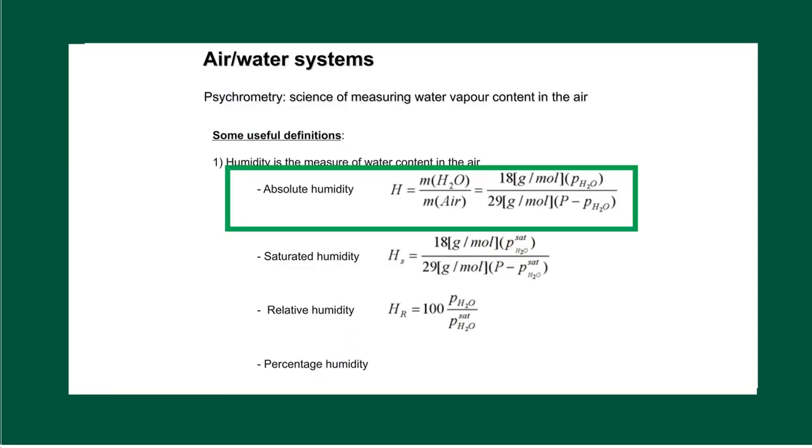In an air water system, where we have atmospheric air in which we have water vapor, we come across such systems in cooling towers and air conditioners. There we make use of the psychrometric chart, where psychrometry refers to the science of measuring the water vapor content present in the air.